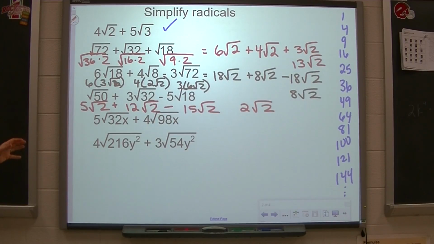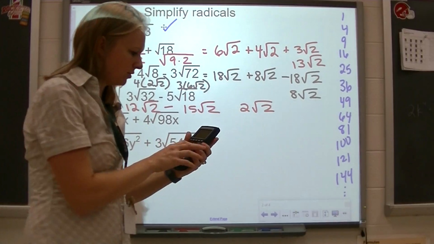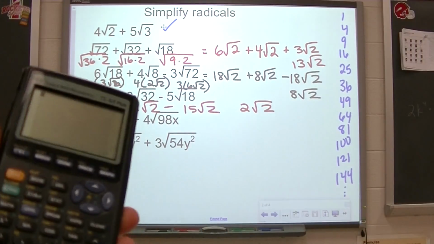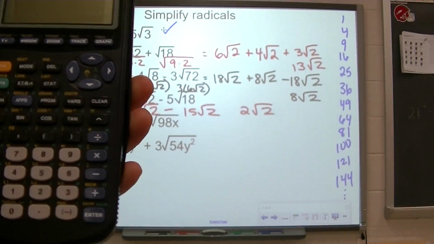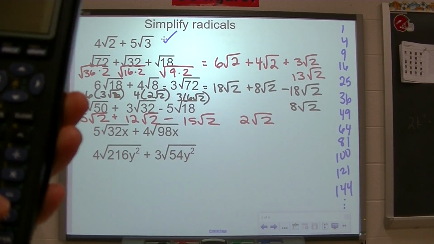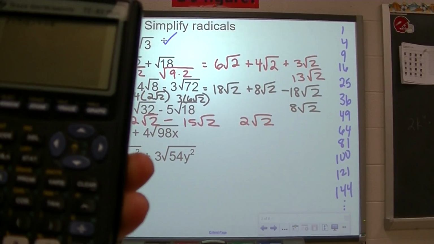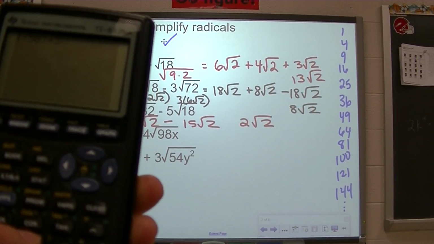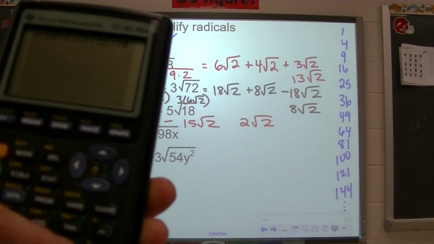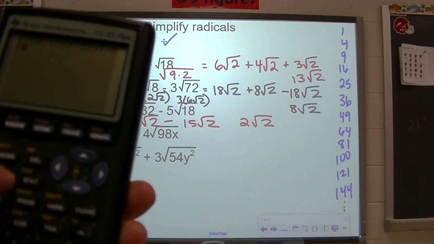And by all means, you can always check to make sure you did it correctly using your calculator. You're probably not going to be able to see this, but with my calculator, I would just start at the beginning: square root of 50 plus 3 times the square root of 32, and then minus 5 times the square root of 18.